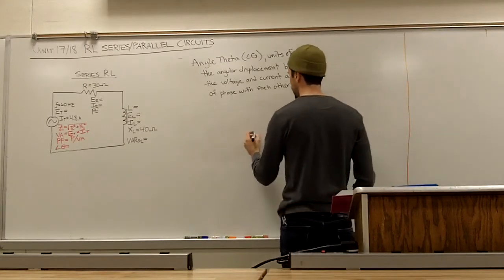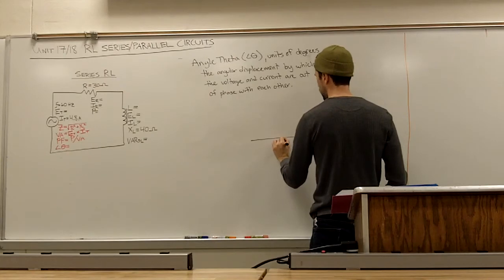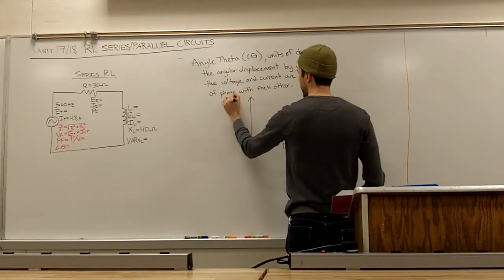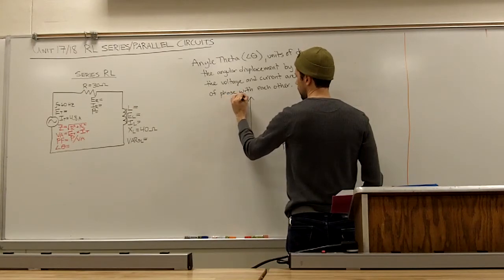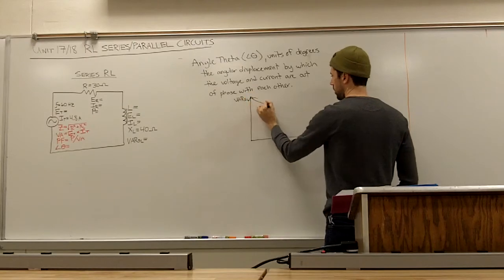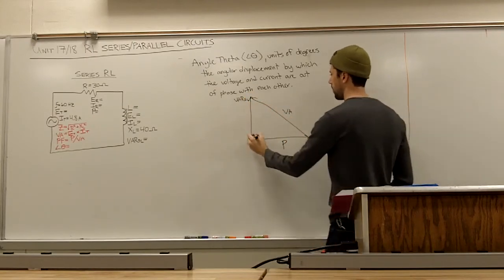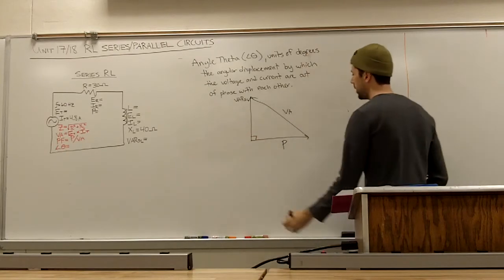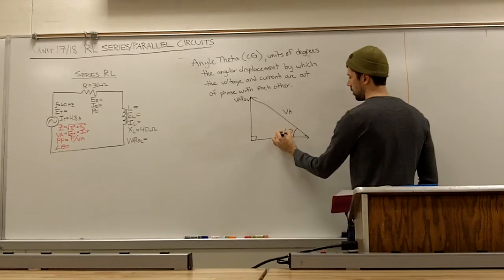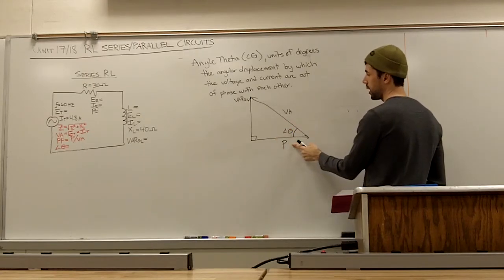So we had our power triangle here, where we had our true power P, our inductive reactive power VARs L, and then our apparent power VA. Angle theta is simply the angle that apparent power makes with true power.